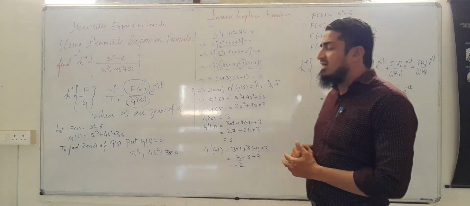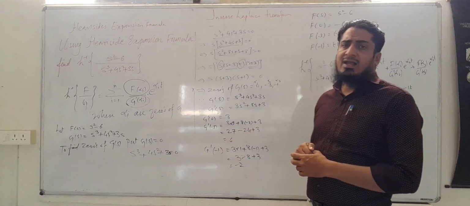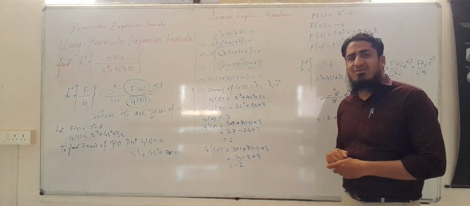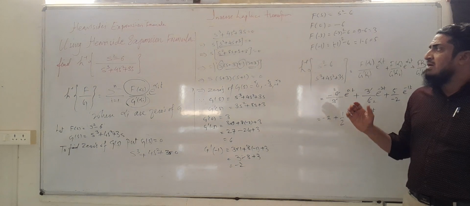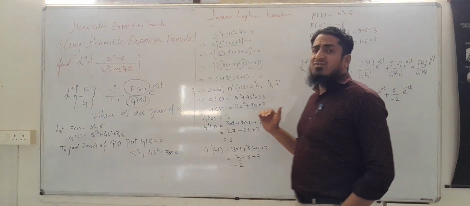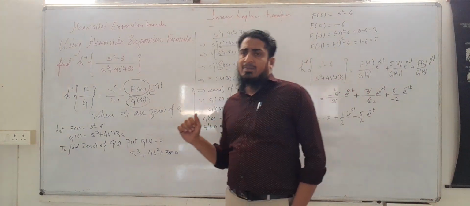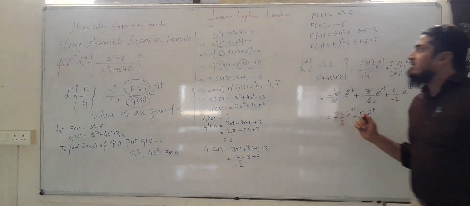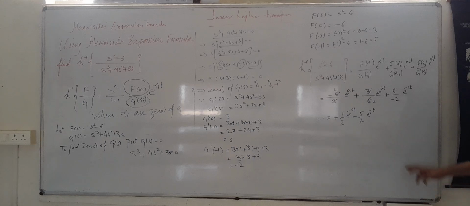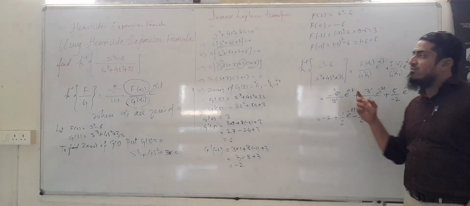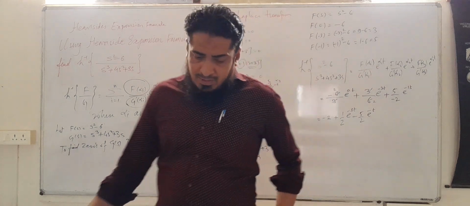Similarly, we have to find g dash of alpha by putting values of alpha 1, alpha 2, alpha 3, respectively the zeros of that g of s. By putting these values in the Heaviside expansion formula, we can easily deduce the result for a particular example.